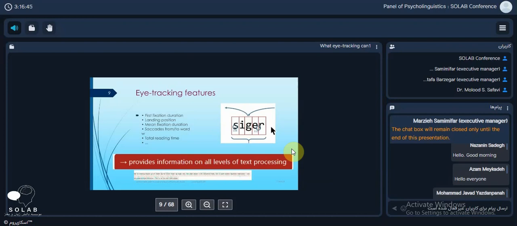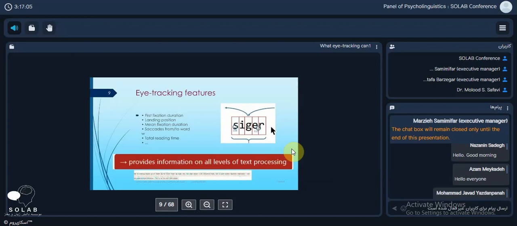In this regard, S, I, G, R are vertical, opposite to Farsi letters. We should consider all these features, all these properties of language in our task design.